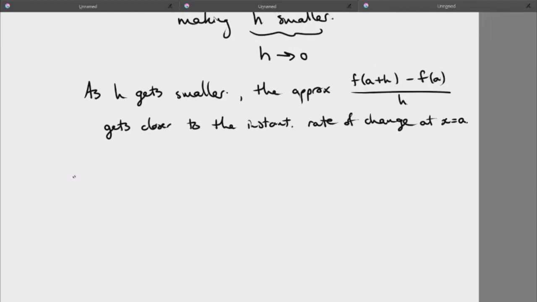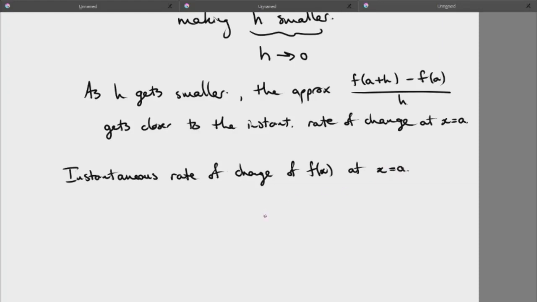So, here's the punchline. The instantaneous, I have to sound this out every single time. Instantaneous rate of change of my function at a single point a is the limit as h approaches 0 of this average rate of change.